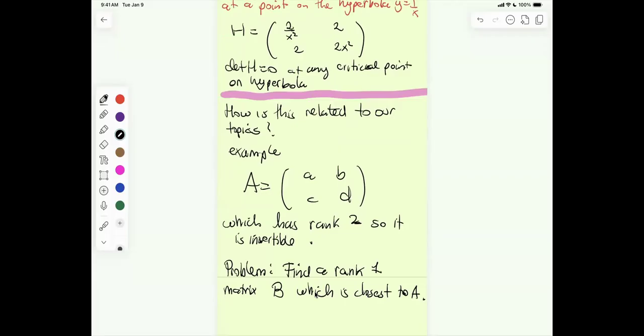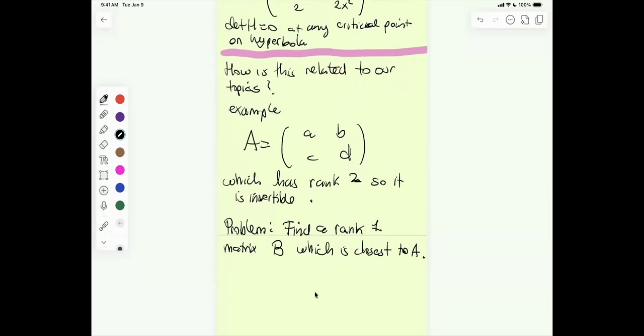But I'm just trying to do it: if you do nothing, how do you attack this from a calculus angle? It's useful to see. So what does it mean to say that it's closest, that the distance, right? Remember, there's a distance between two matrices. So what you're trying to do is minimize this among all the matrices with at most rank 1.